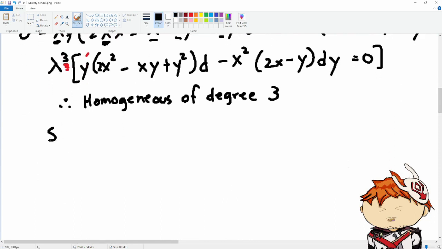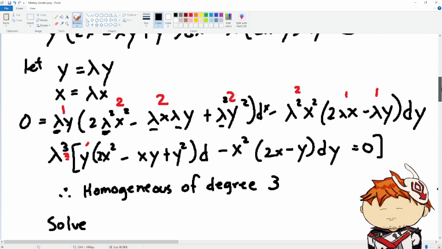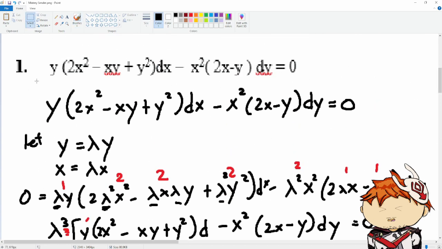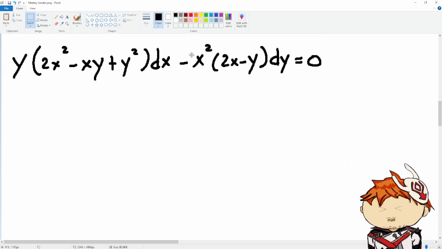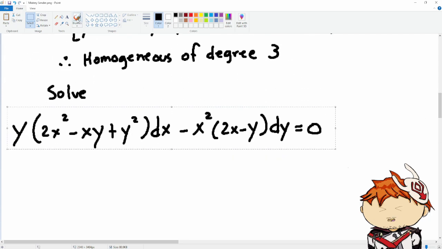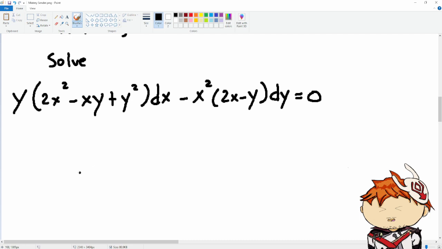Okay, now to solve, I'm gonna write the equation again. I say I write, but I'm just gonna copy it from the above because we're using paint. Now, we substitute y is equal to vx and dy is equal to v dx plus x dv.